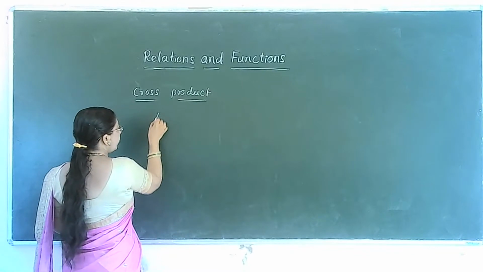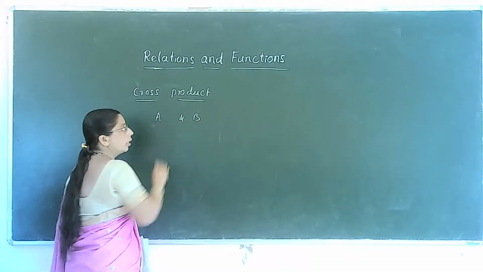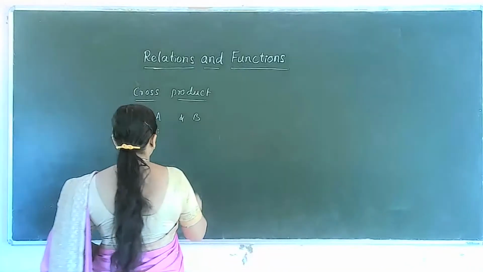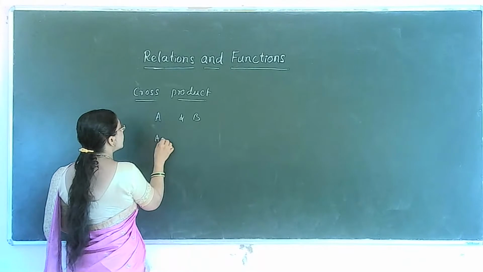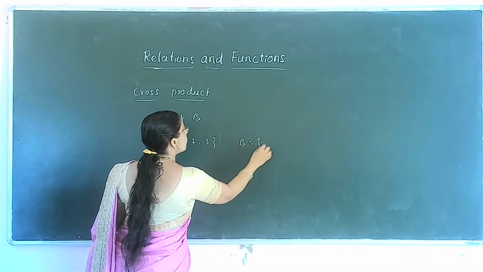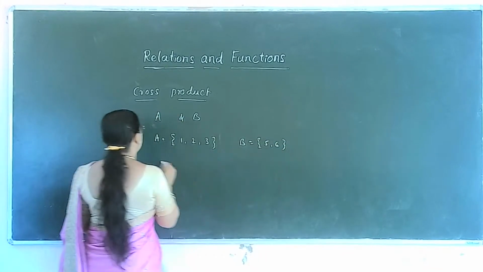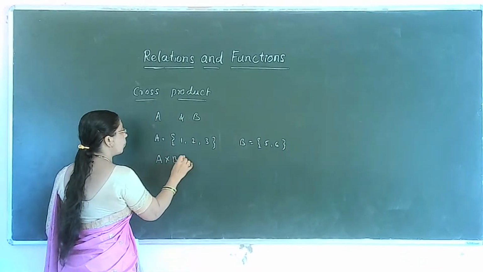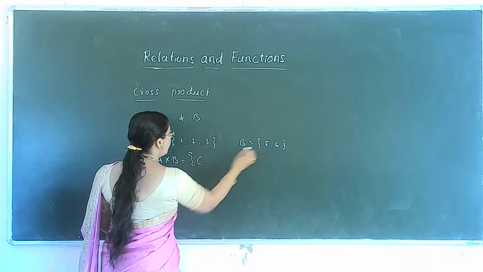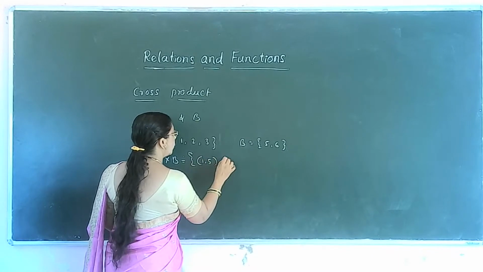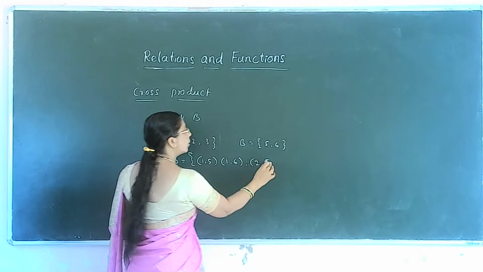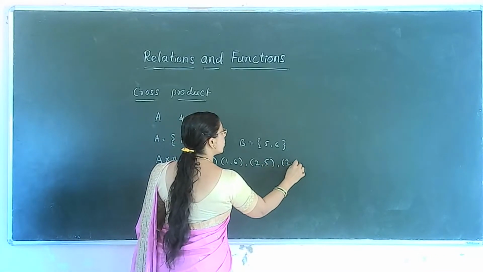What is a cross product? If A and B are two non-empty sets, meaning A has some elements and B also has some elements, then A cross B is equal to the ordered pairs (1,5), (1,6), (2,5), (2,6).